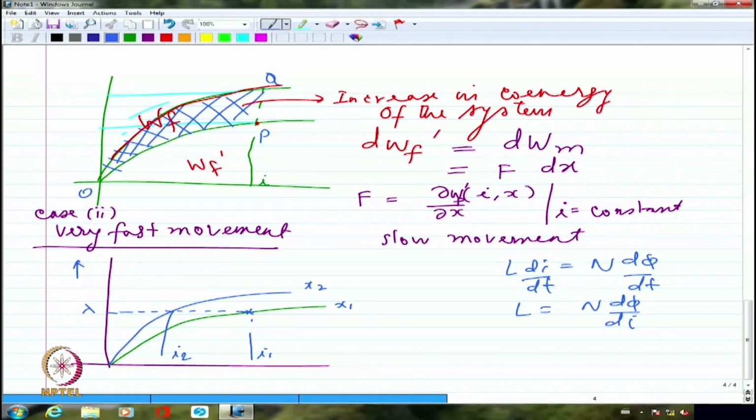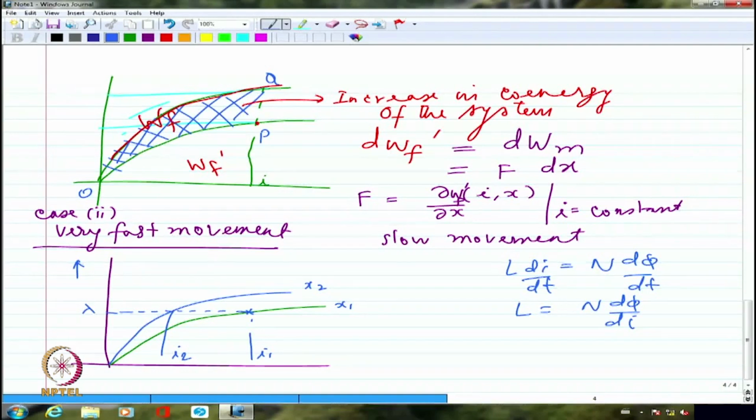So the circuit quantity that you are manifesting is by means of equating L equal to N d phi by di. So Faraday's law came first probably, and then the inductance was introduced. That's how it was. So the inductance is basically the representation of magnetism in circuit parameters. That's all.